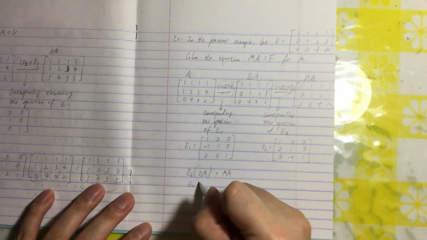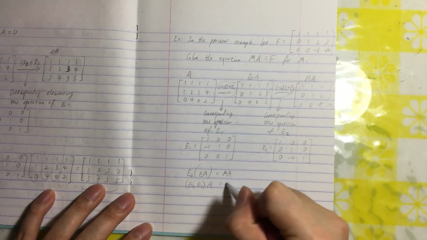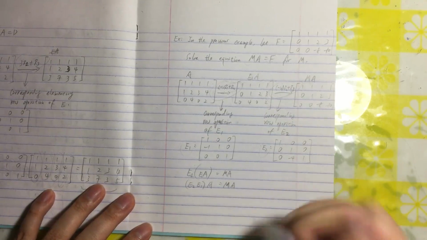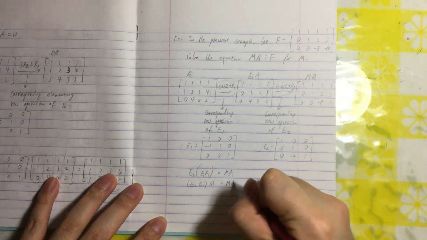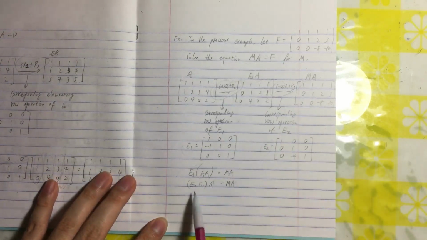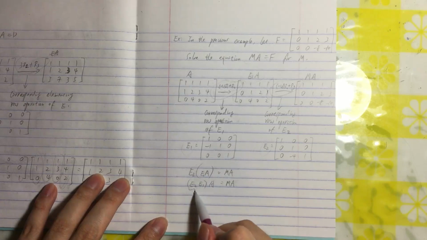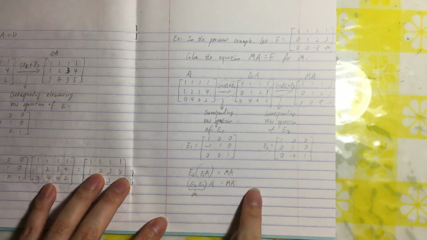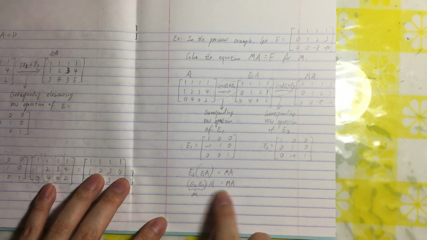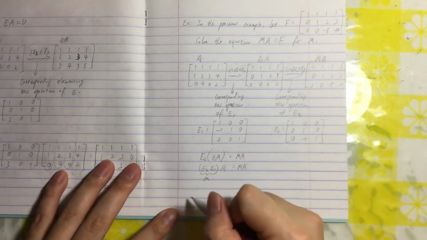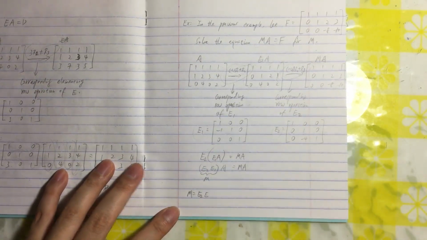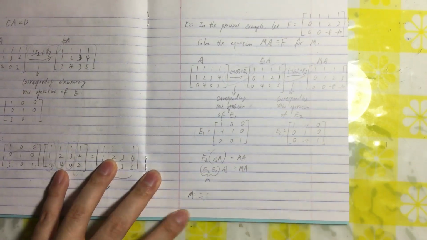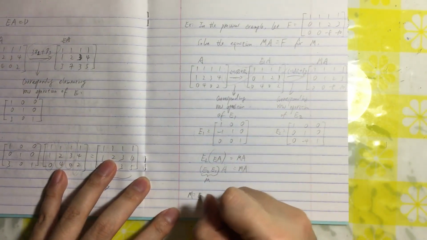By the associative law, this can be rewritten as E2 times E1 times A equal to MA. Then, by matching, we can see that matrix M is E2 times E1.